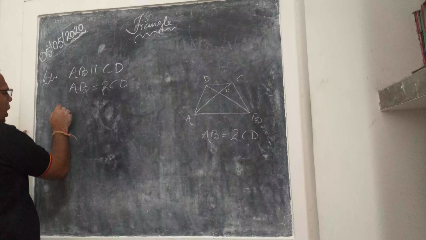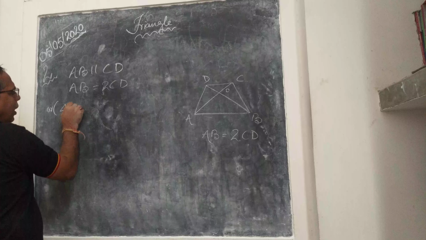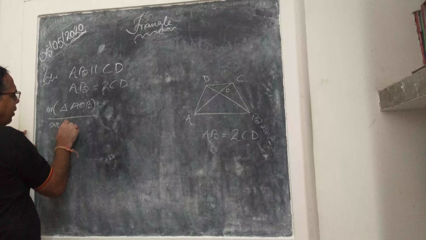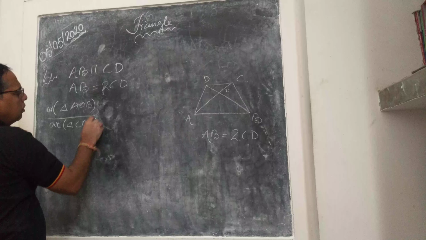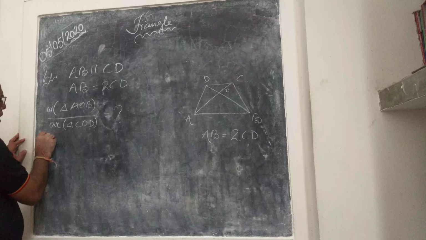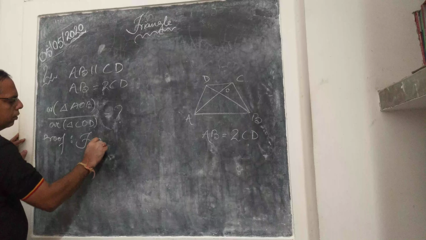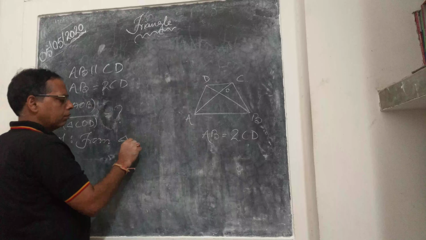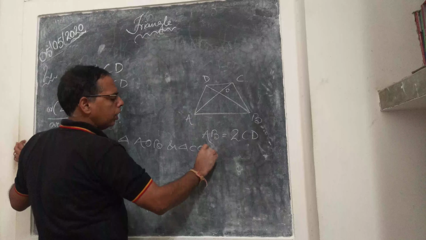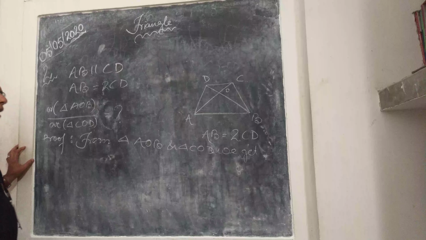Now what you have to find? You have to find the ratio of the area of triangle AOB divided by the area of triangle COD equals question mark. Now here first of all, the proof. From triangle AOB and triangle COD, what do we get?